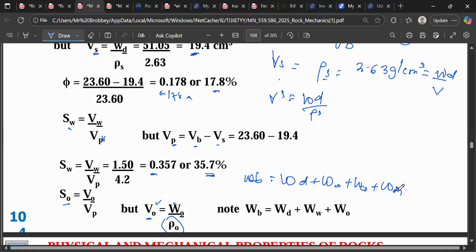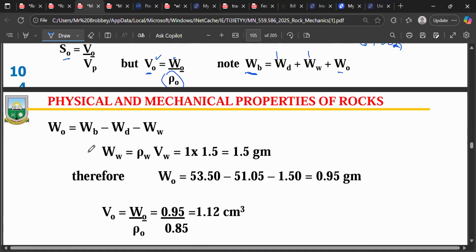But we established yesterday that the mass of air is negligible. So we are just going to put 0 there, which is not going to affect things. So now we know that the VB comprises all these parameters, and we know this guy, so we can find the weight of the oil. The weight of the oil will be the bulk minus that of the solids minus that of the water.